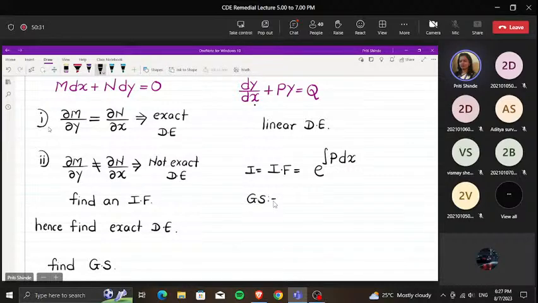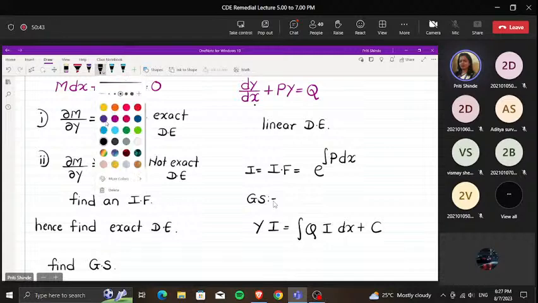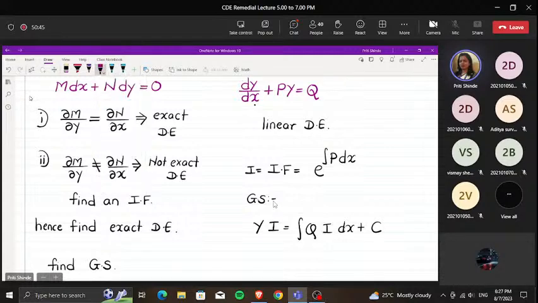The general solution is, since linear in y, y times I.F. is equal to integration of q times I.F. dx plus c. Similarly, linear differential equation in x. Either it is linear in y or linear in x. So the next type is dx by dy plus px is equal to q. Either it is linear in x or linear in y.